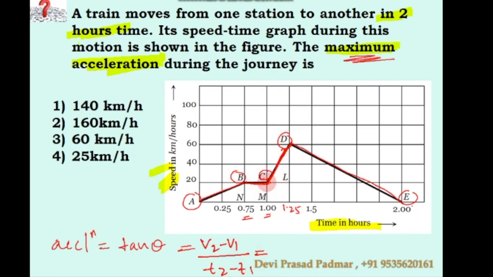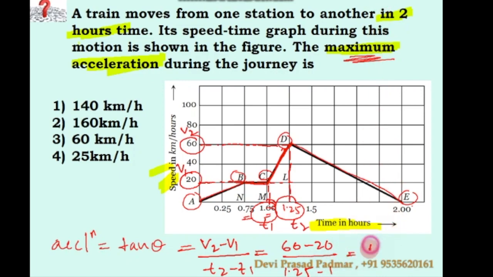If you continue like this, here you will get one value, that is V1, and at D you will get another value, that is V2. Similarly, here you will get T1, and here you will get T2. Therefore V2 minus V1 means 60 minus 20, divided by T2 minus T1, 1.25 minus 1.